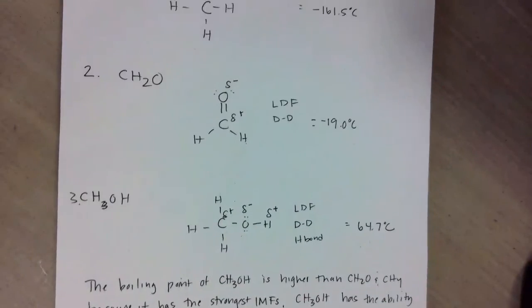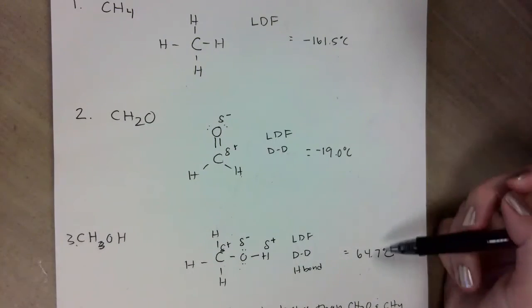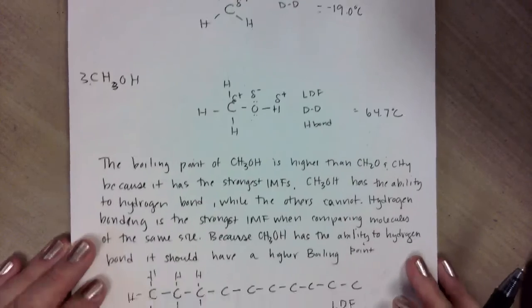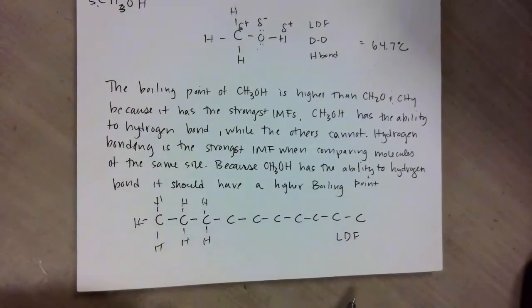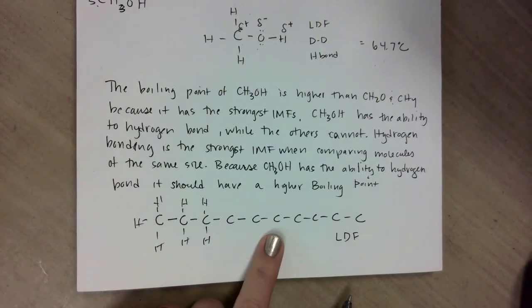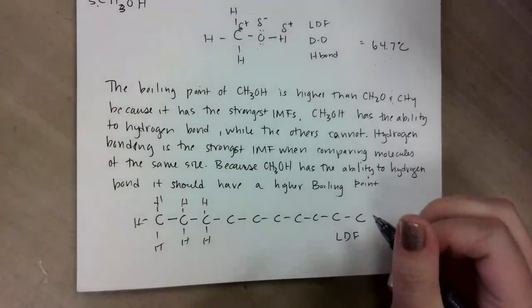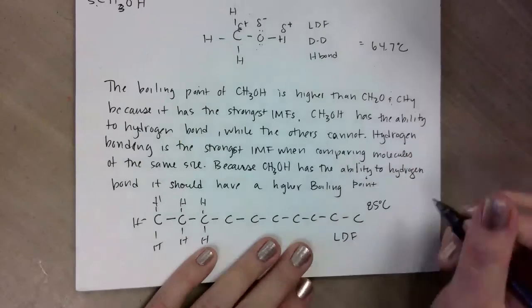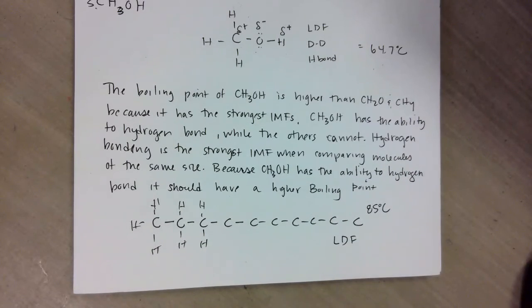So again, if I look at these numbers, the higher boiling point, the higher heat of vaporization, all that kind of stuff always lead to the thing with the stronger intermolecular forces. And I'm totally just making this up off the top of my head. I do not know what this is, but let's say this has a boiling point of 85 degrees Celsius.